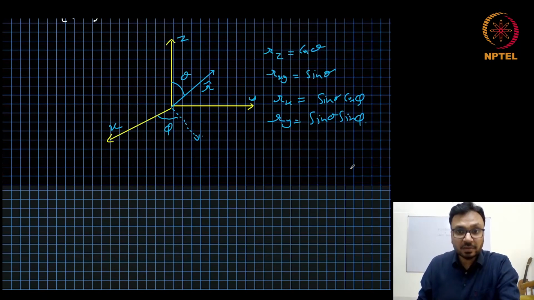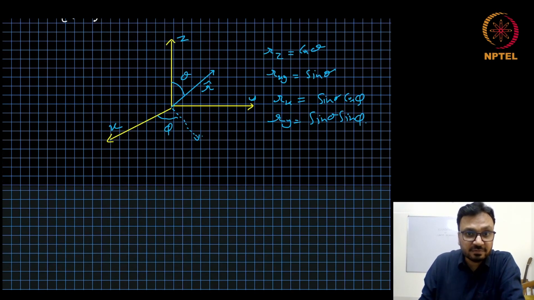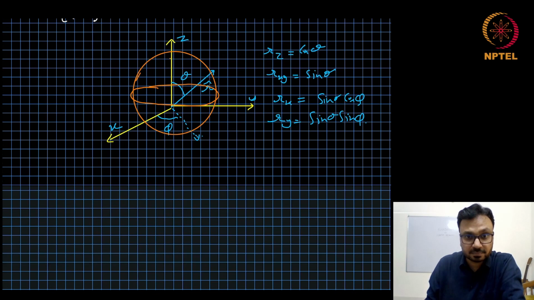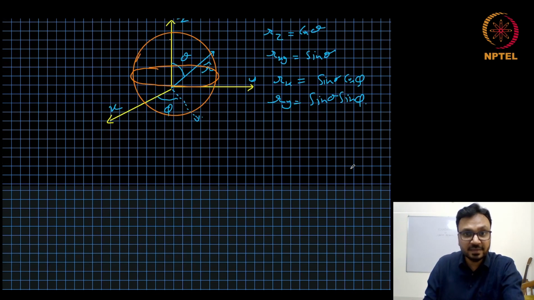The collection of all such vectors in three-dimensional real space will result in a sphere of unit radius.